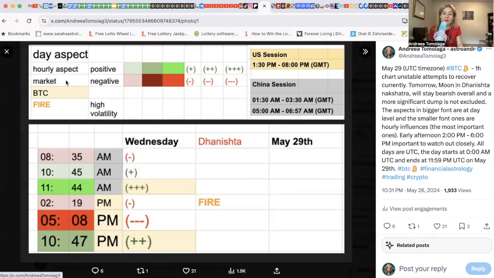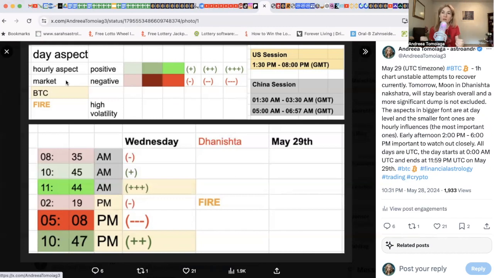Now, the last element of this notation is the fire. The fire is high volatility. These are usually aspects with Uranus, and not only, but Uranus is the most often encountered. And for this, you should expect two scenarios.